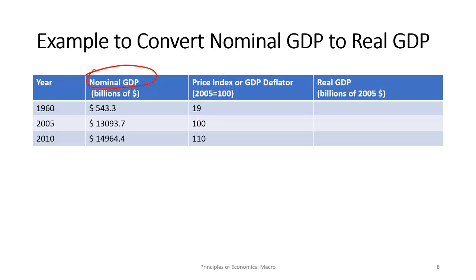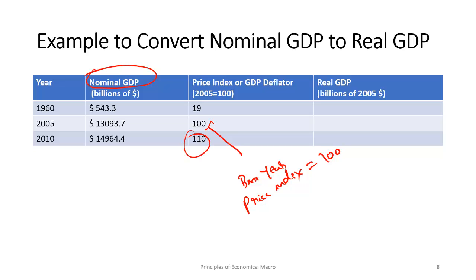And it's 100 since 2005 is our base year. In the base year, the price index is always 100. And in 2010, our nominal GDP was $14,964.4 billion, and the price index or deflator was 110.